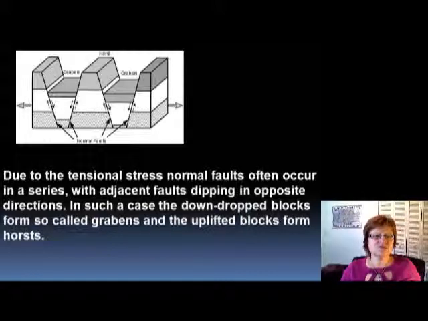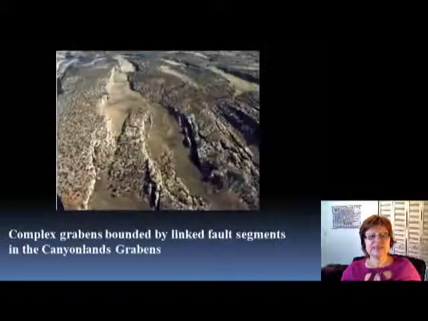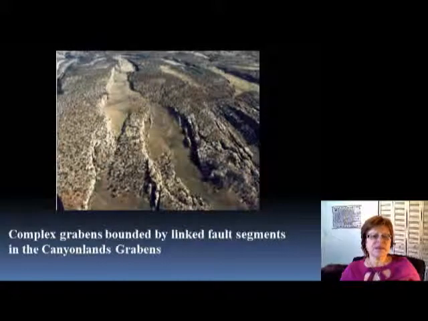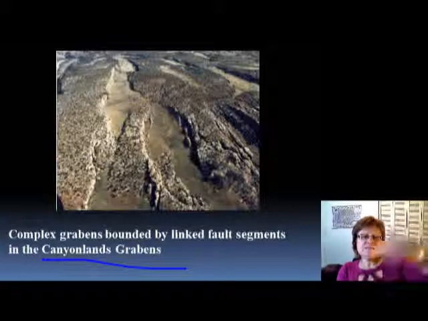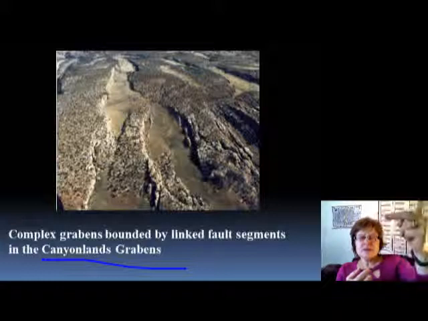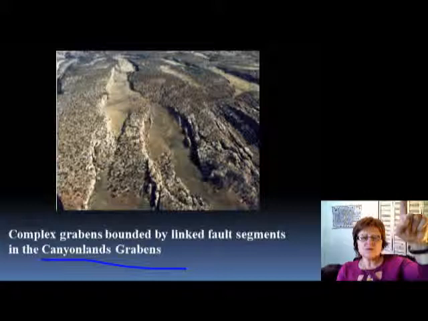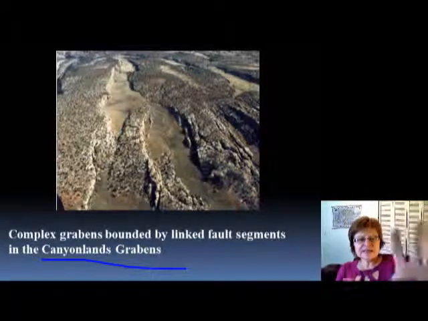These graben faults usually go hand in hand, so you'll have a series of grabens forming usually. And this is a very good example. These are the Canyonland grabens. If you've ever been in Utah, just above Arizona and Utah, and if you go to Monument Valley, and if you go north on that road from Monument Valley toward Moab, Canyonland is right there.